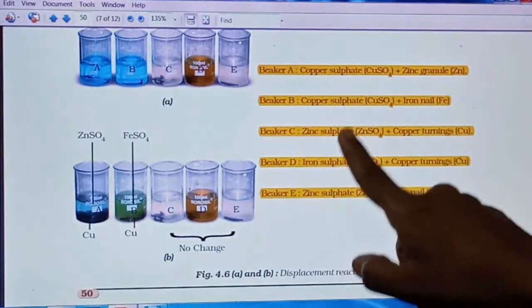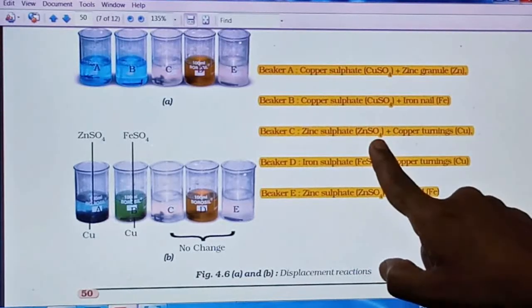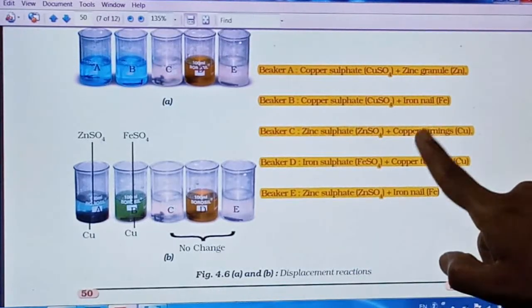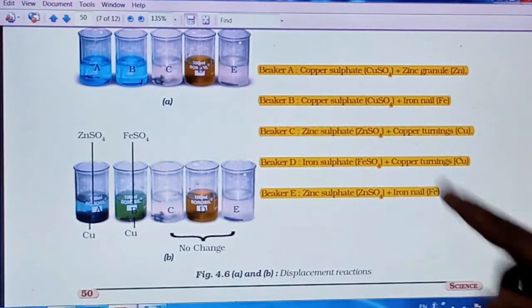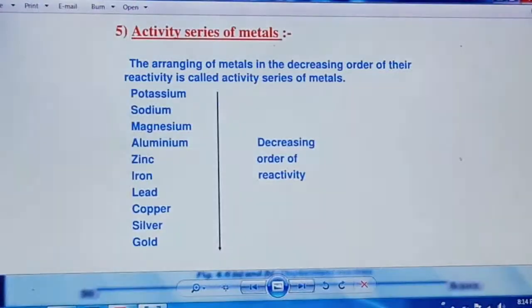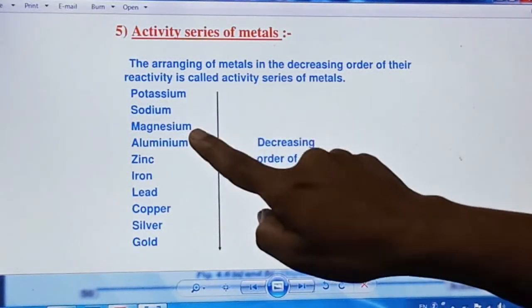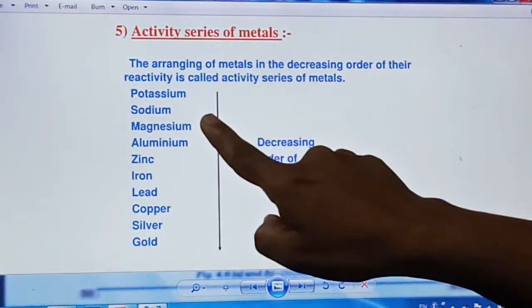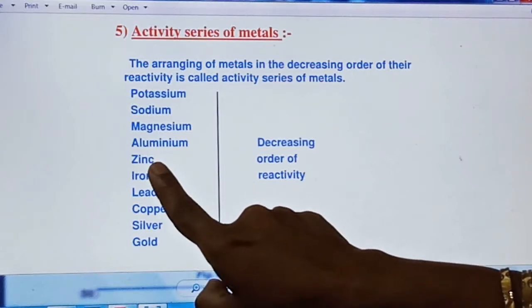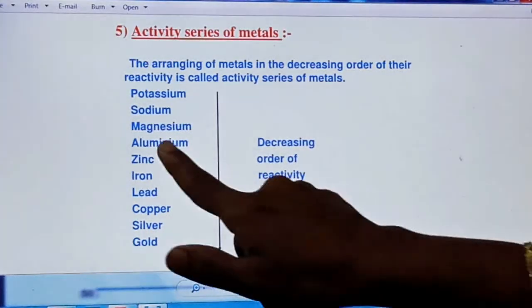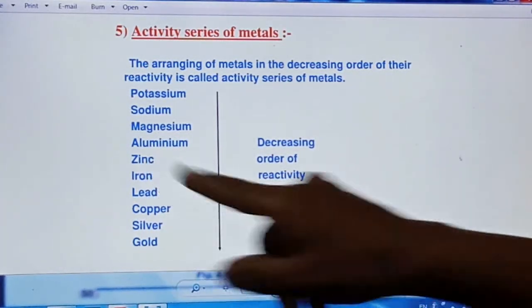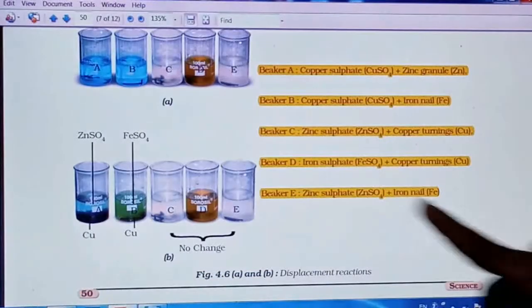So zinc sulfate will remain as zinc sulfate because copper is weak, right? But suppose any metal placed above zinc, say sodium or magnesium or potassium, were there, then definitely zinc would be replaced. But here copper is there, that's why zinc is not replaced.